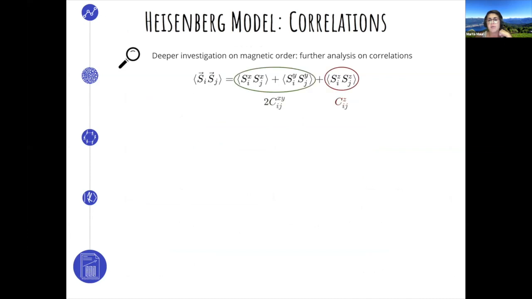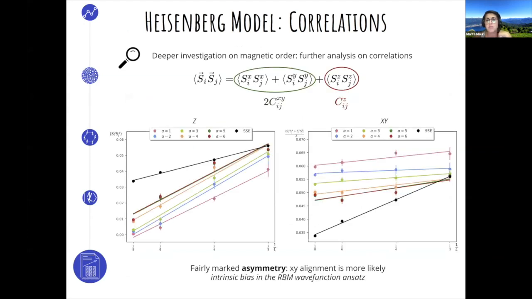Then we ran these simulations to study the correlations in a deeper way. So we studied separately the correlations on the XY plane and on the Z direction. And we see a fairly marked asymmetry between the Z and the XY correlations.